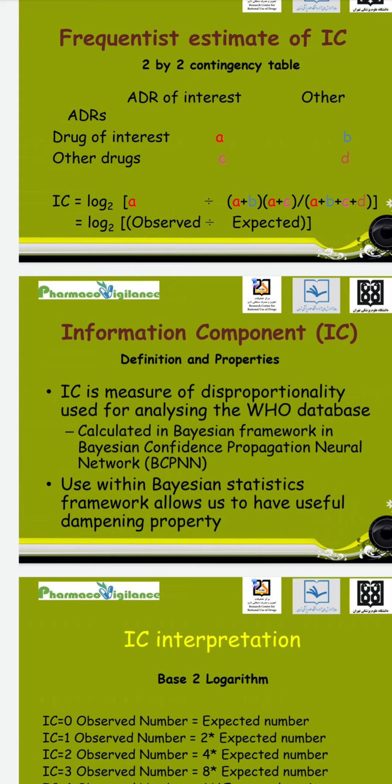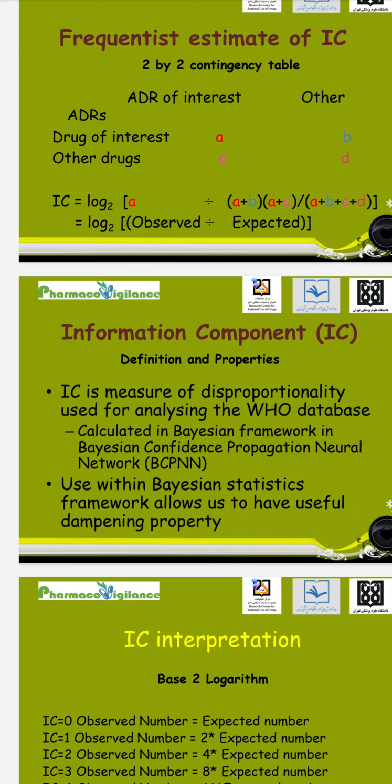The information component, its definition and properties. IC is a measure of disproportionality used for analyzing the WHO database, calculated in a Bayesian framework, the Bayesian Confidence Propagation Neural Network, BCPNN.